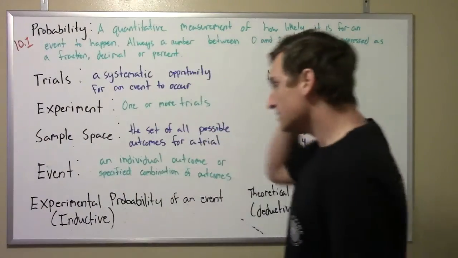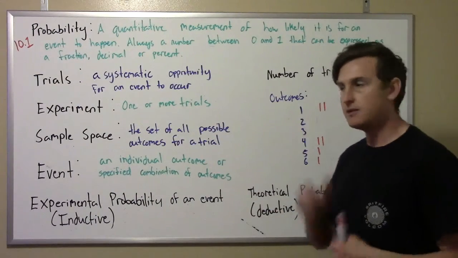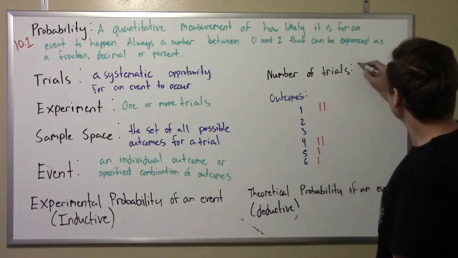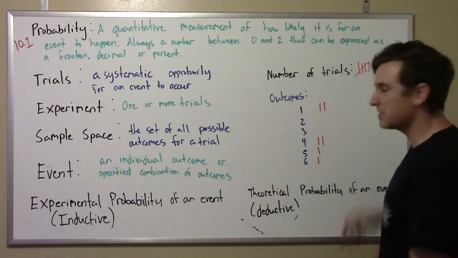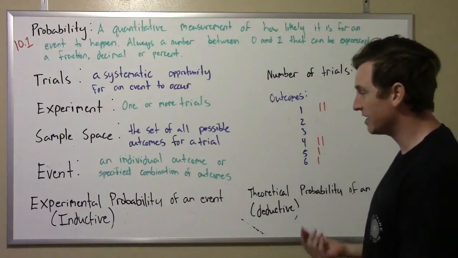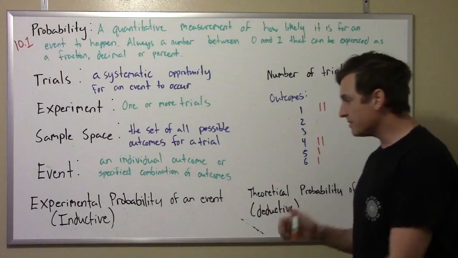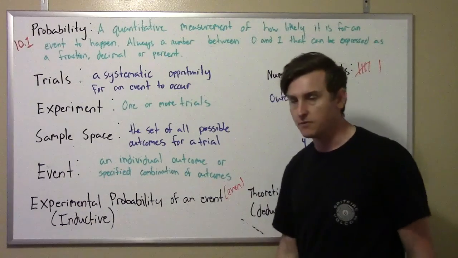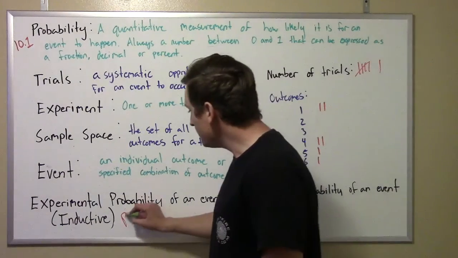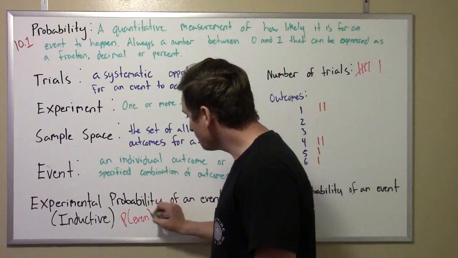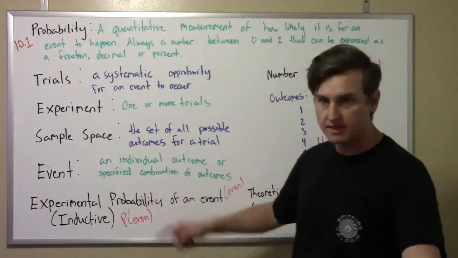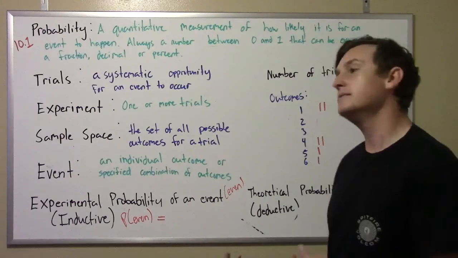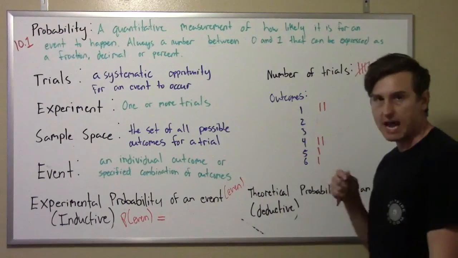Okay, so let's do our experimental probability. In this experiment, there have been 6 trials. I forgot to keep track of that. We're talking about an even, right? That's the event we're looking for. The probability of an even, which we would write as P of even, is the number of times we got an even over the number of trials that happened.